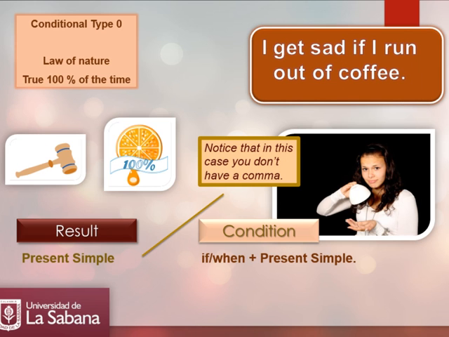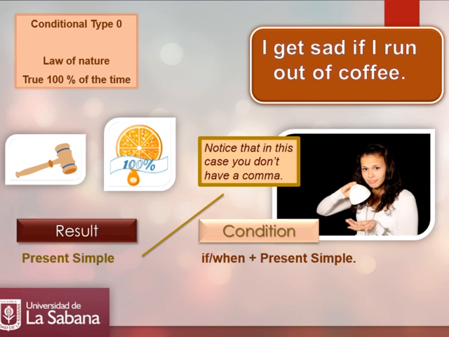Now take a look at the following sentence. I get sad if I run out of coffee. This time we are not talking about a law of nature, but still we are talking about something that is always true. Every time she doesn't have any coffee, she gets really very sad.